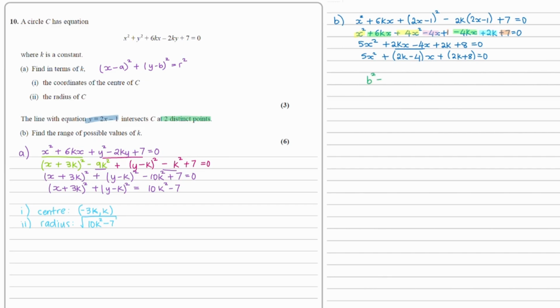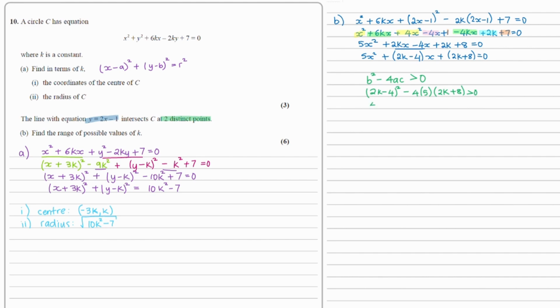So b squared minus 4ac would have to be greater than 0. If we now substitute b is 2k minus 4, and we've got minus 4 multiplied by a, which is 5, and c is 2k plus 8. And this has to be greater than 0.